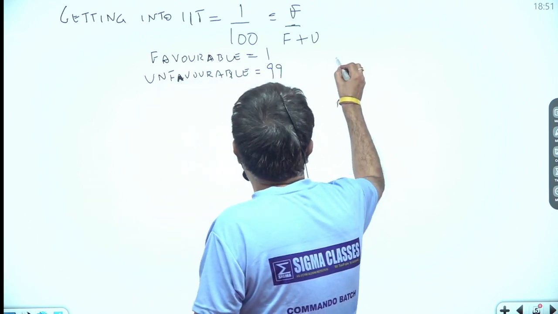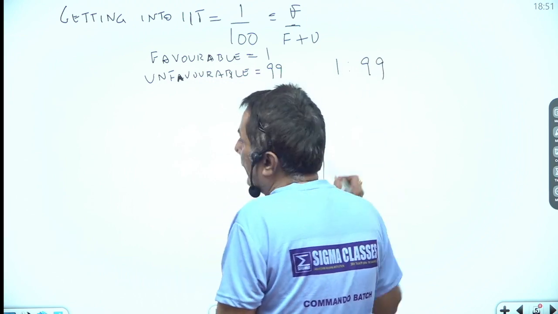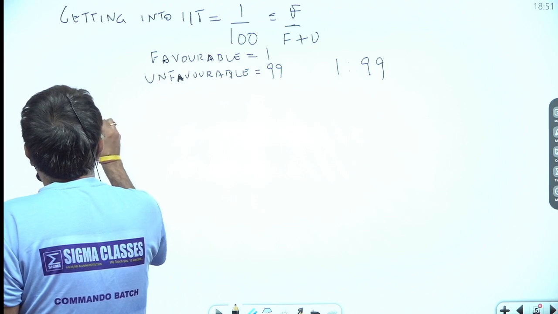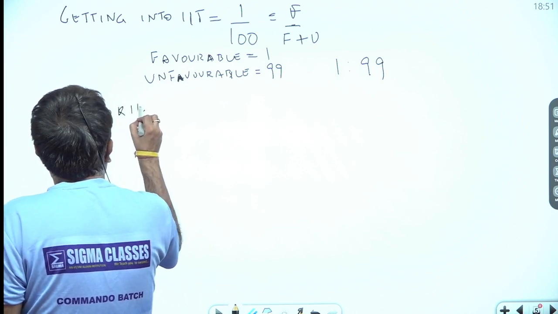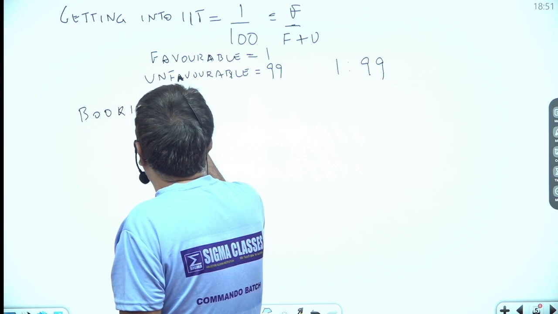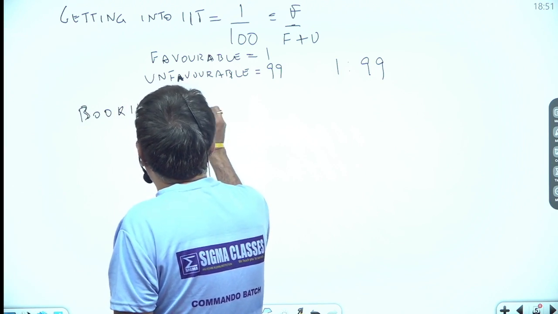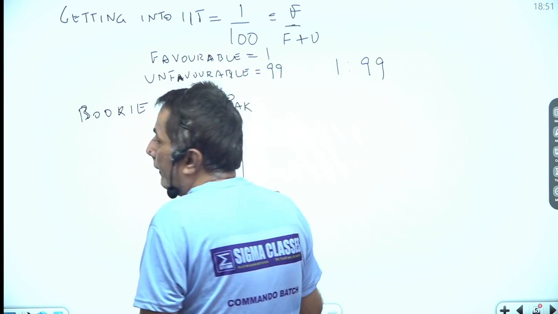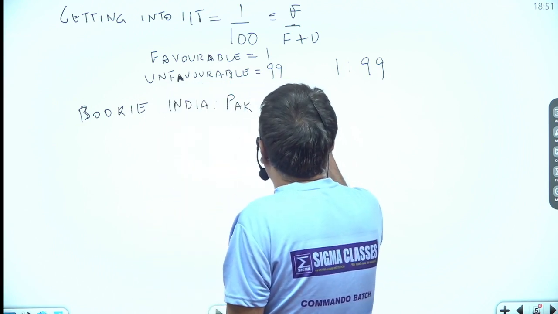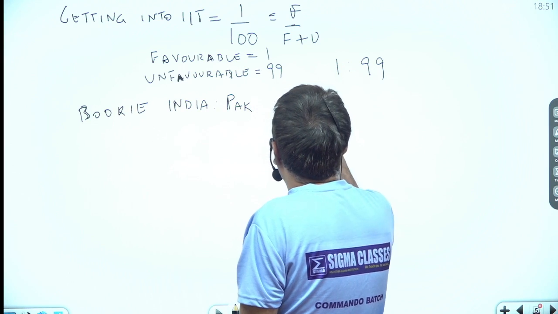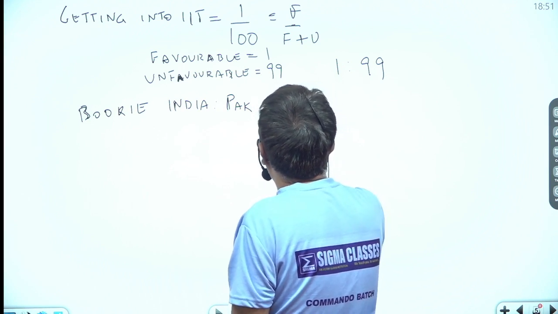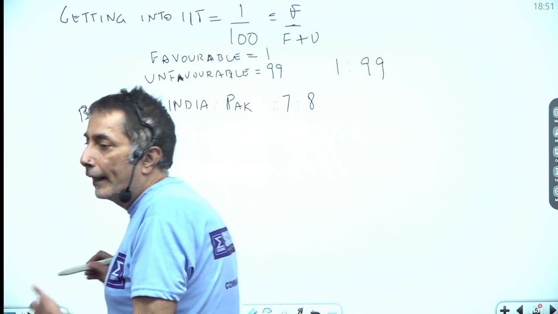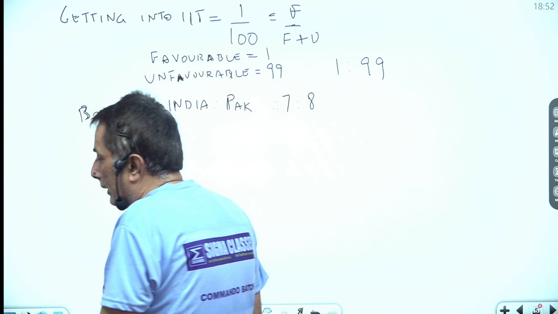The odds are 1:99. So when a bookie offers you odds of India winning the India-Pakistan match is 7:8, there are 7 chances of India winning and 8 are the chances of Pakistan winning.